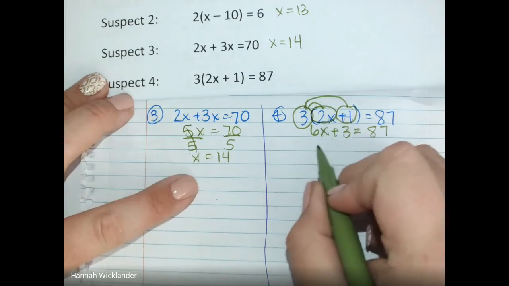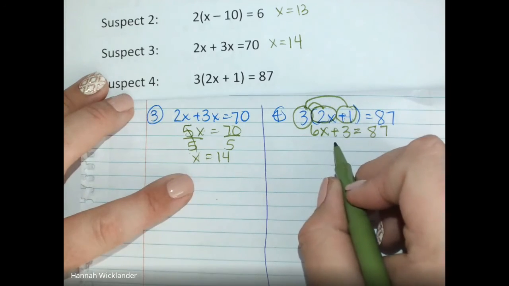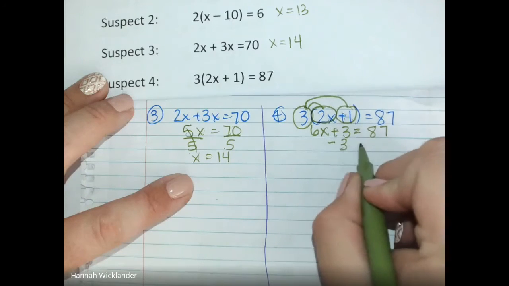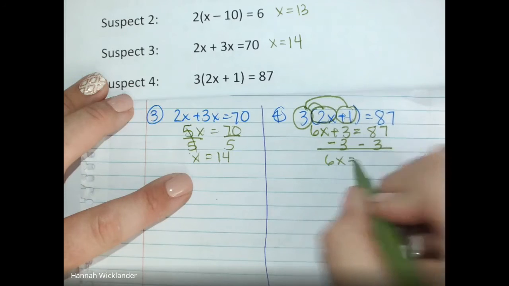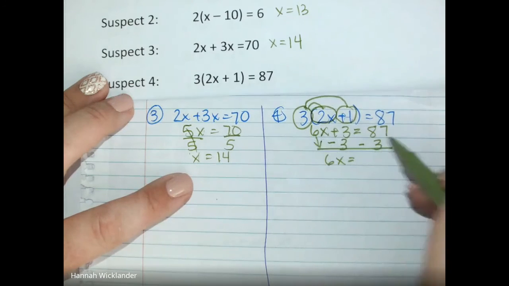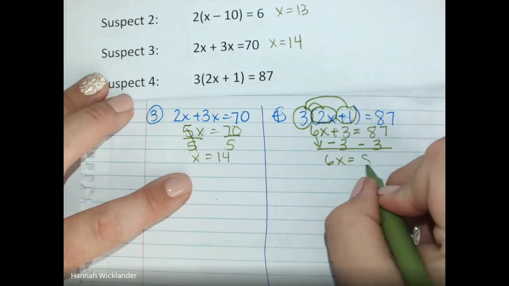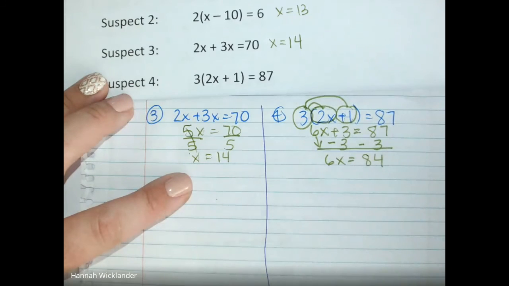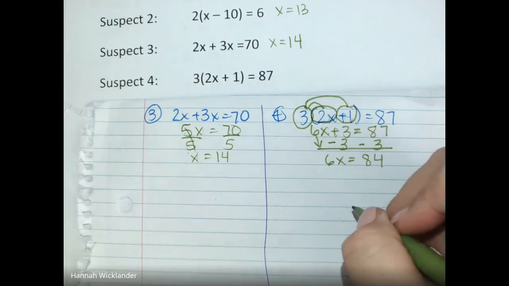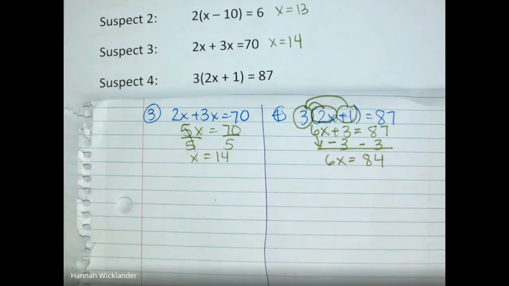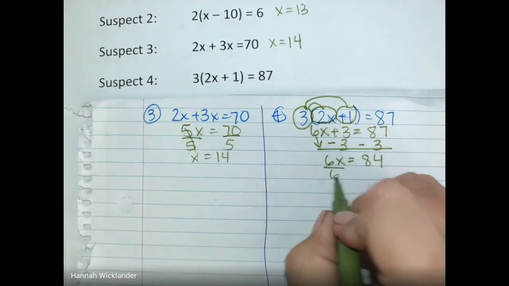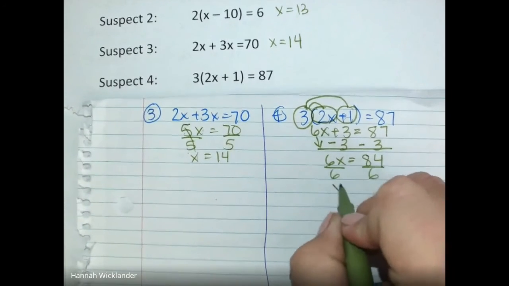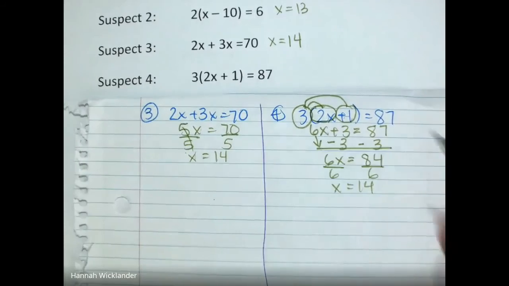Now I want to get x by itself, so I'm going to subtract 3 from both sides. Bring down my 6x. 87 minus 3 gives me 84. And then I'm left with 6x equals 84, a simple one-step equation. I'm going to divide both sides by 6 to get x by itself, and I'm left with x equals 14.